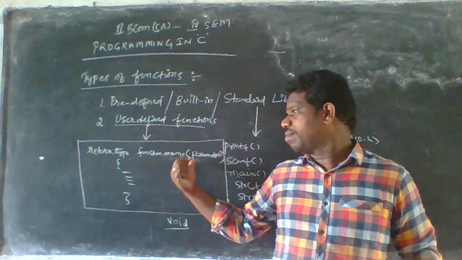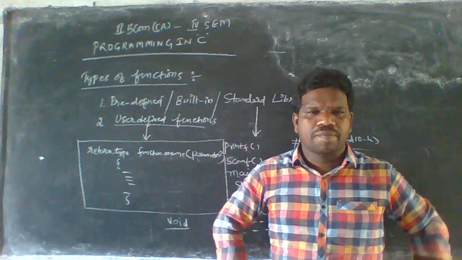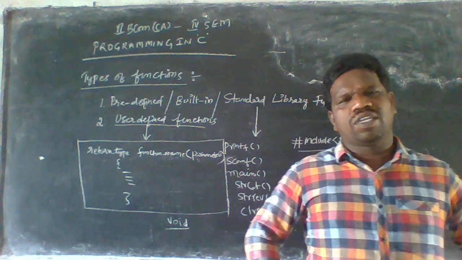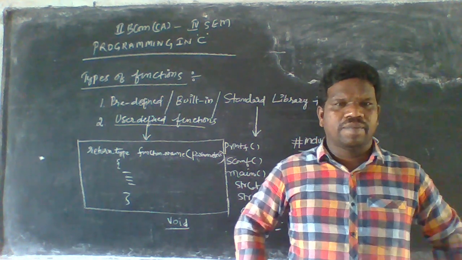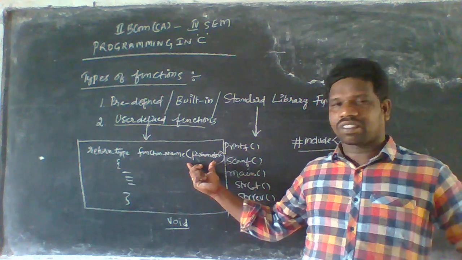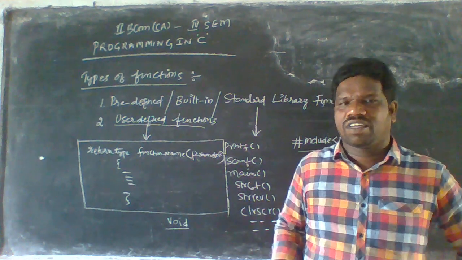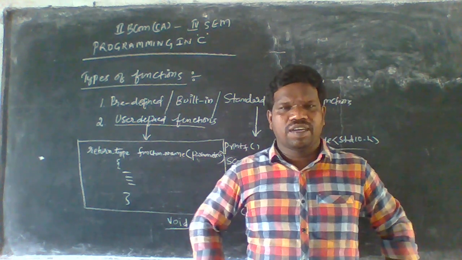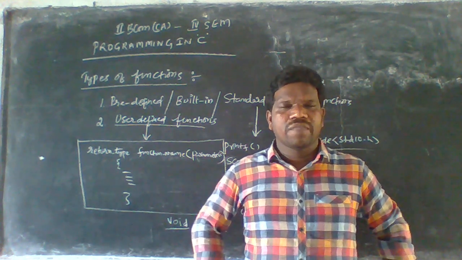If you want to pass any parameters, you need to type the parameters here. If you are not passing any parameters, you do not specify any. This is called a user defined function.